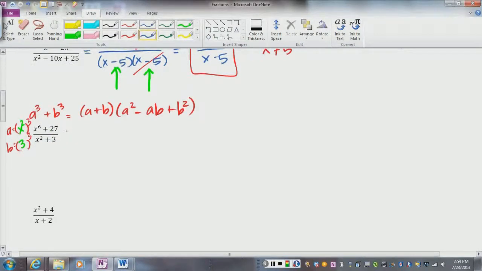So I'm going to fill in this factoring pattern with the x squared and the 3. And every place I have an a, I'm going to use x squared. Everywhere I have a b, I'm going to use 3.